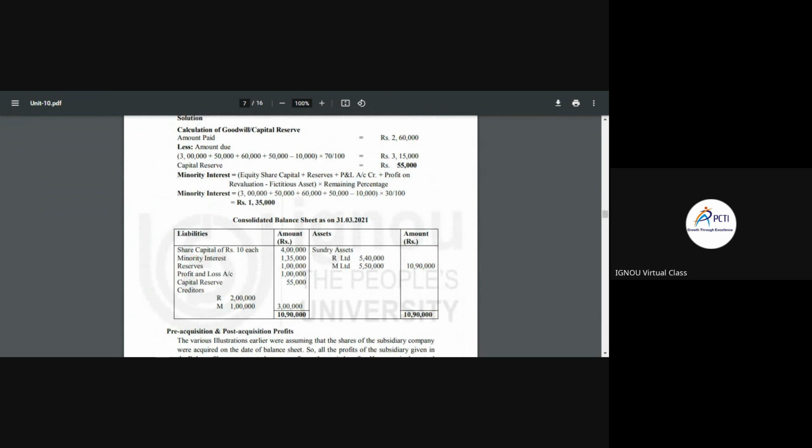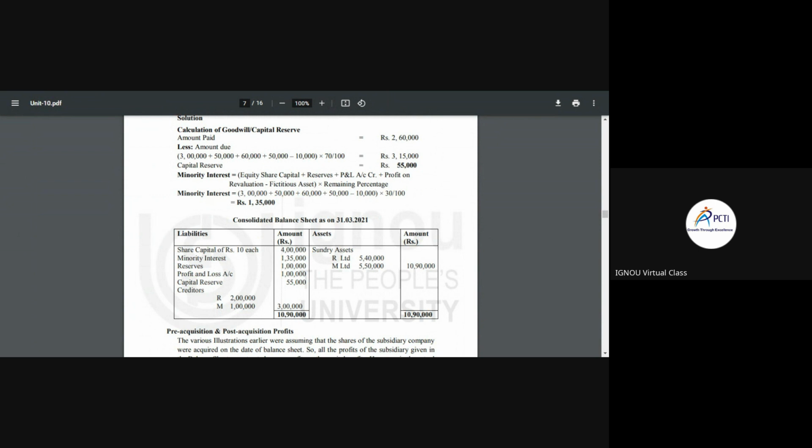Then we take the amount which is due: 3,50,000, 60,000, 50,000, from which we deduct 70,000, and we calculate it for 70% because the investment which we have made is 70%. The total is 3,15,000.